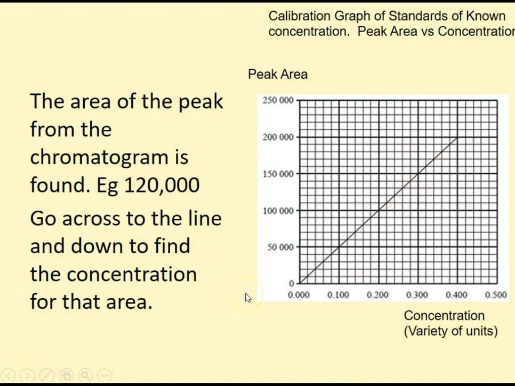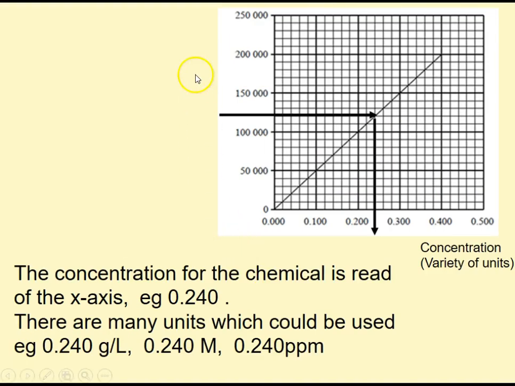Then once you've got your graph, you put in your sample that you don't know the concentration of. You read the peak area of your peak, and if you found it was 120,000, then you go across to the line and come down, and you'll find that it's 0.12.